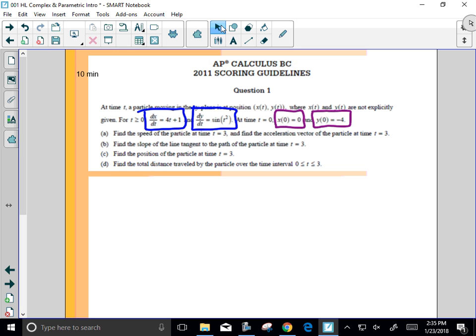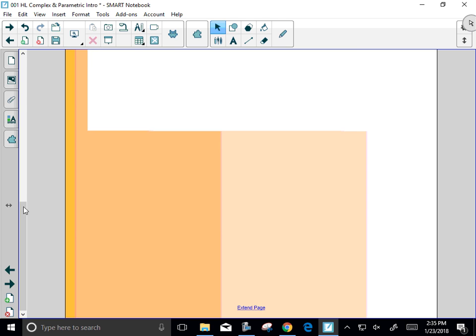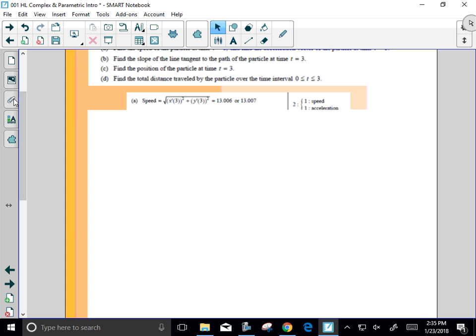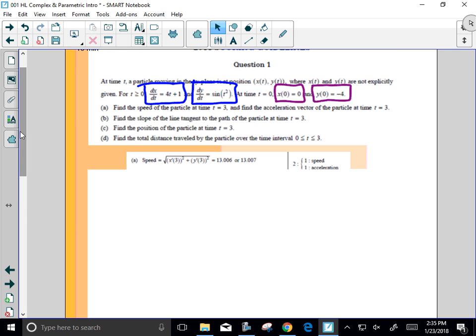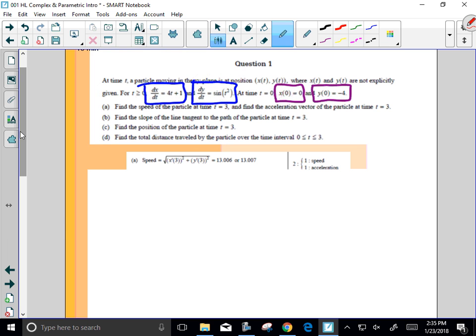Find the speed of the particle. So I bet you remember that formula I gave you. Speed is equal to the square root of x prime of 3 squared plus y prime of 3 squared. So you would look at dx dt, that is x prime of t, 4t plus 1.